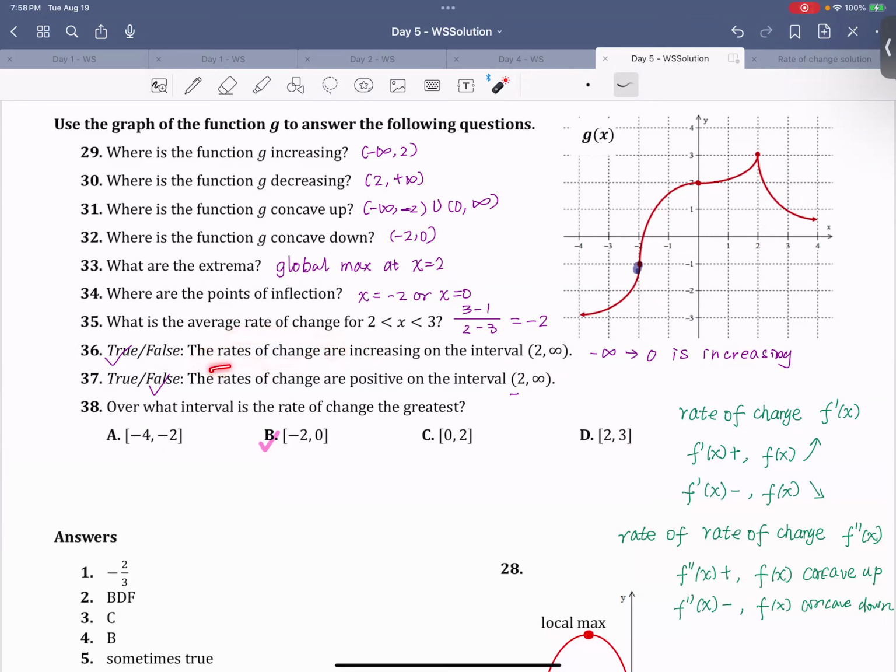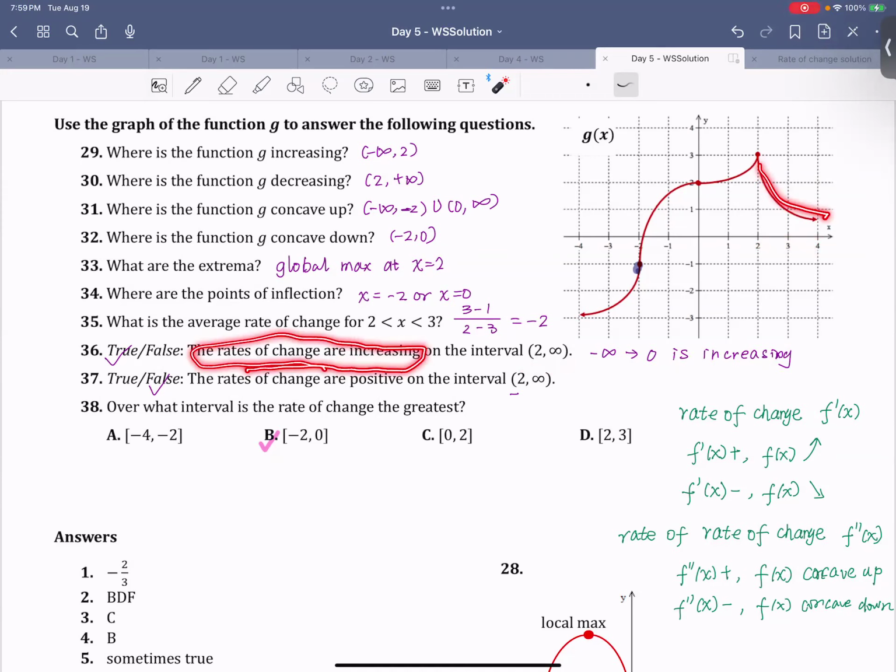No, the rate of change are increasing. This is for the second derivative. So over here, from 2 to infinity, this is concave up. This is concave up. So the rate of change are increasing.